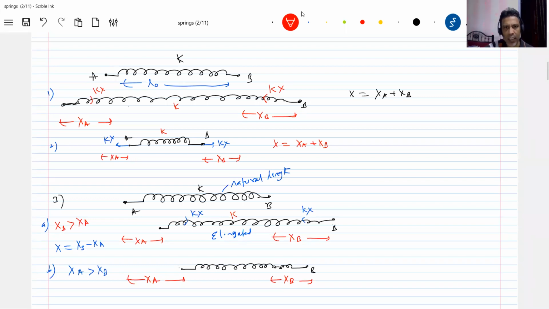So what is the state of the spring? The spring here got compressed. Since B has more displacement than it, the spring got compressed here. Compressed in the sense that the spring force should act away like this. So here I'll show it so that it will be clearly visible to you.